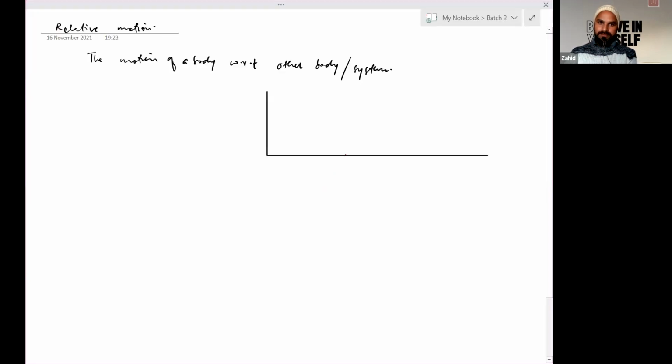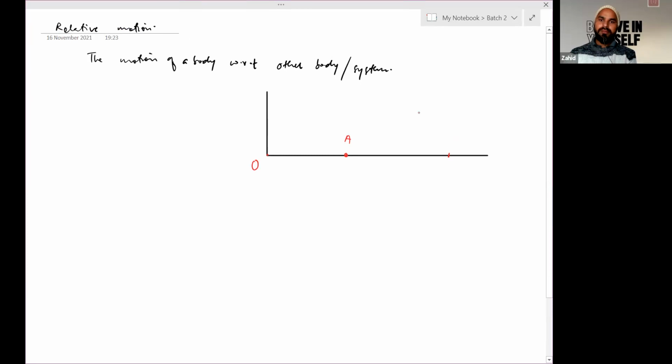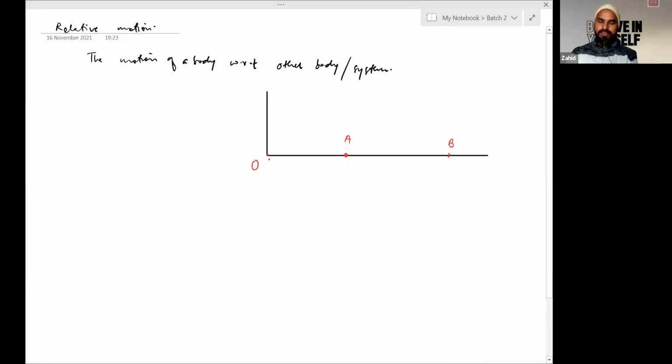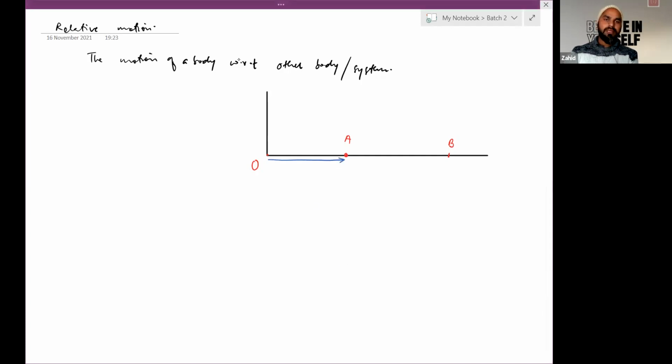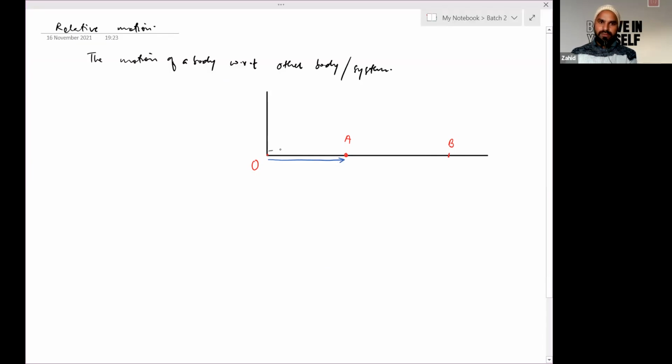Suppose there is a body at this point, let's say A, and this is origin O, this is point B. So if we define the displacement of A from origin, it will be in this direction. Similarly, the displacement of B from origin will be from this point to this point.